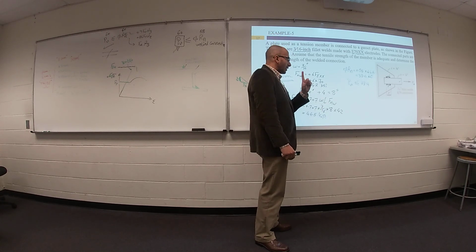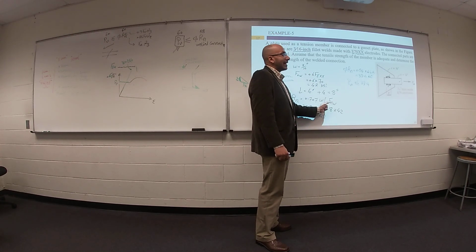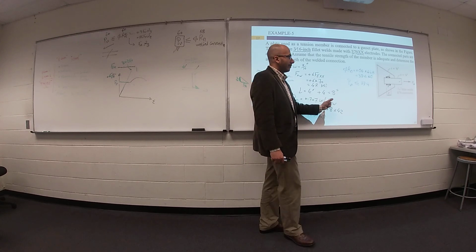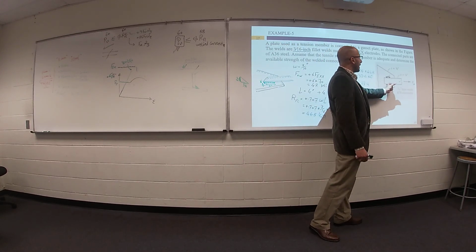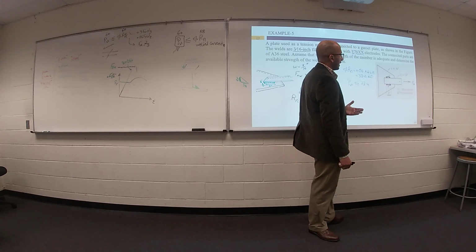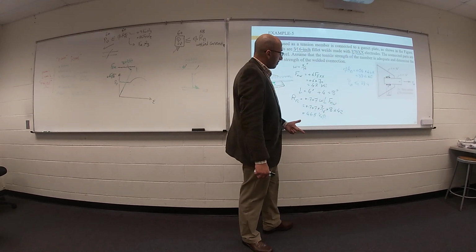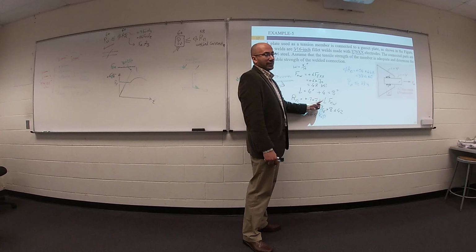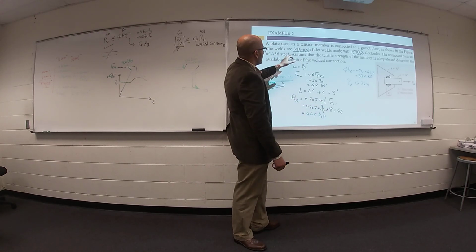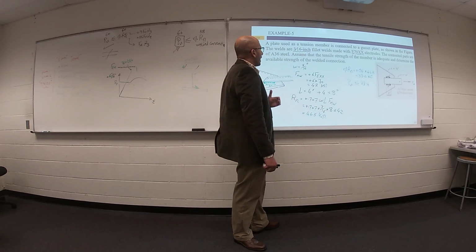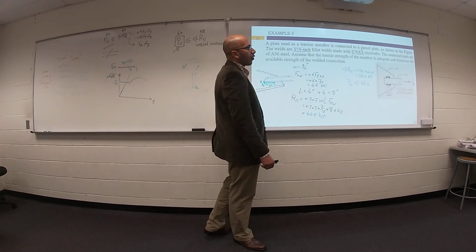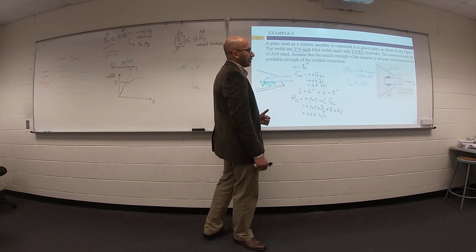I think the easiest one is to increase your length, the length of your weld. 4 inch, maybe 5 inch, 6 inch. The second option, increase your size of weld. Rather than 3/16, go ahead and make it 4/16, which is 1/4, or 5/16.